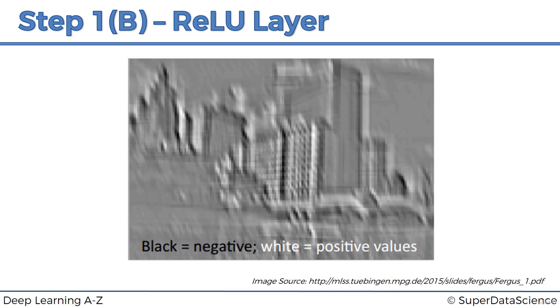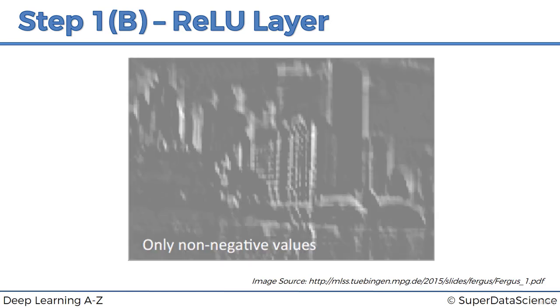Here the black ones are negative, white ones are positive. What a rectified linear unit function does is it removes all the black. Anything below zero, it turns into zero, and so from this, it turns to this. And so it's pretty hard to see what exactly is the benefit in terms of breaking up linearity.